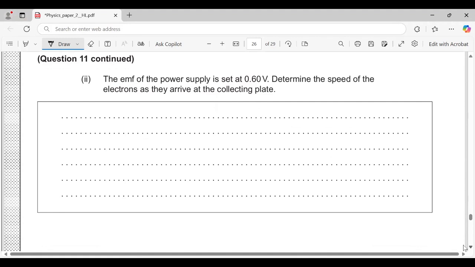The EMF of the power supply is set at 0.60 volt. Determine the speed of the electrons as they arrive at the collecting plate.